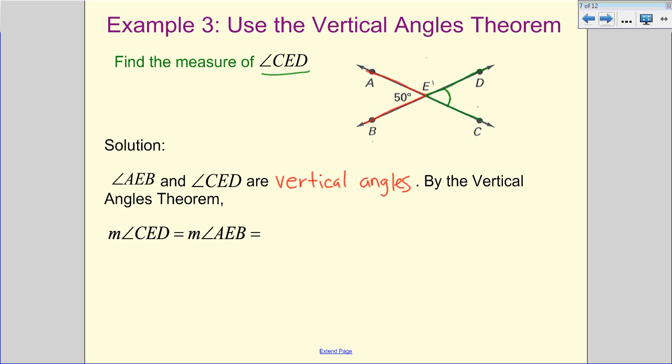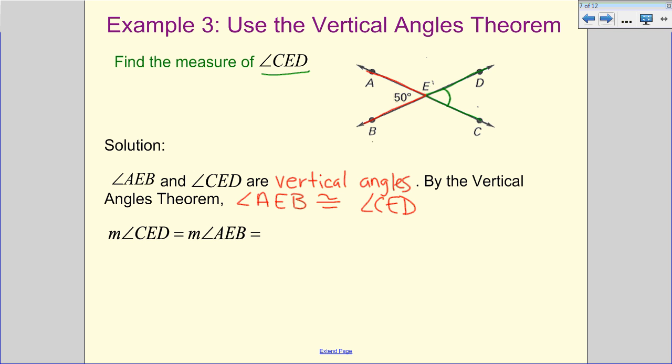And so by the vertical angles theorem, we know that angle AEB is congruent to angle CED.